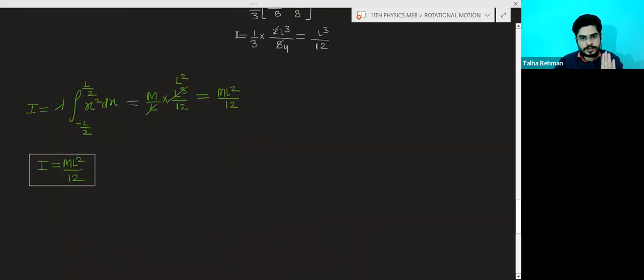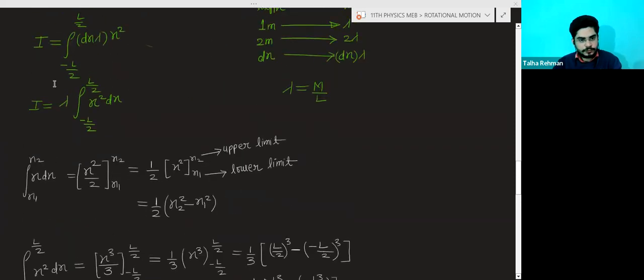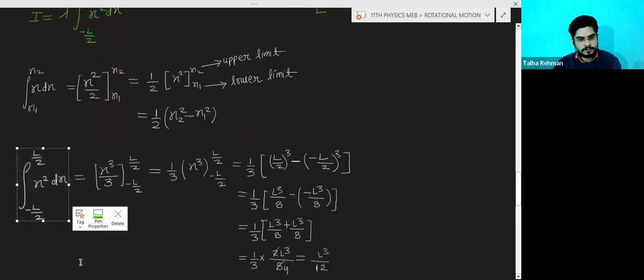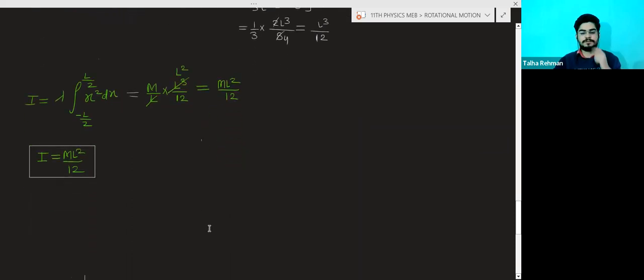So just one thing I want to clear. From here, this thing we have just solved here, and finally we will get L cube by 12. That is why I have written here L cube by 12. Okay, so don't confuse.